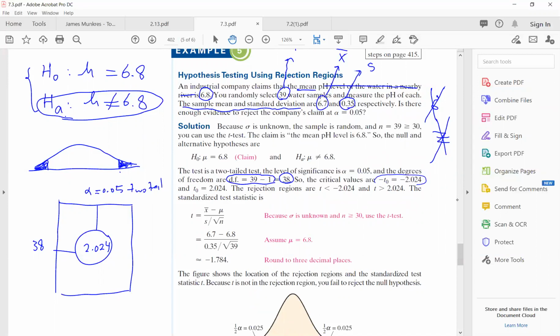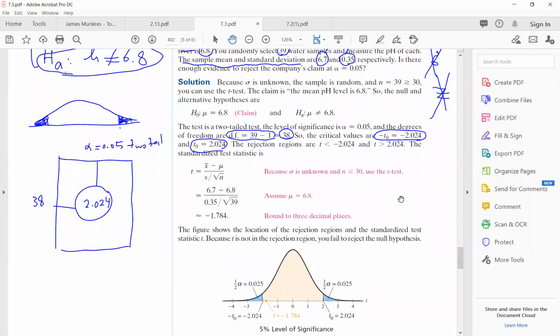So your critical values are negative 2.024 and positive 2.024. Again, the rejection regions are on the left and right-hand side. Now, let us check to see if the test statistic is inside the rejection region or not.